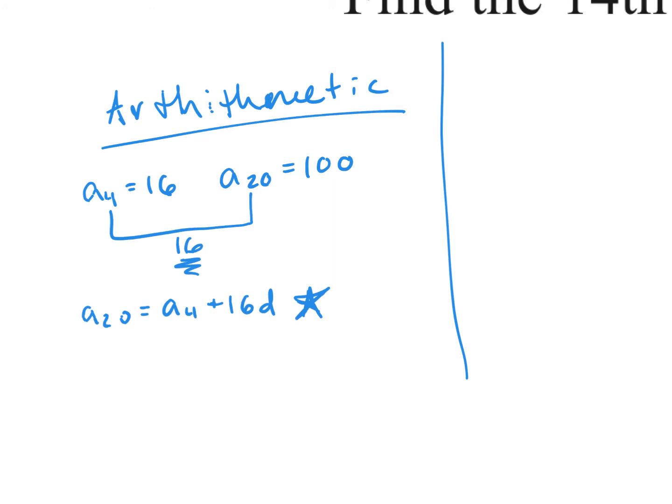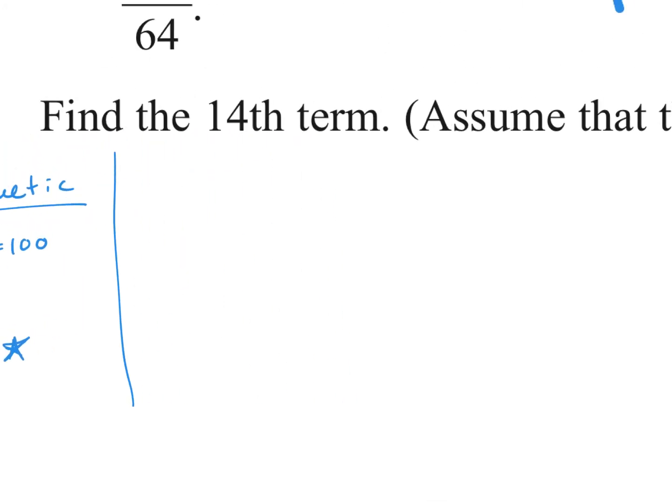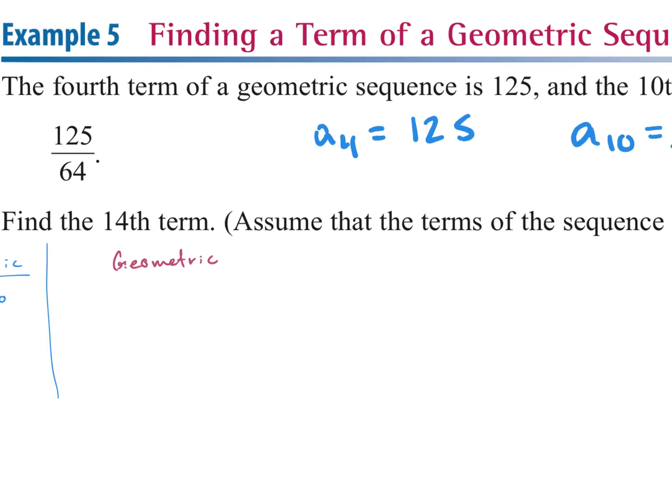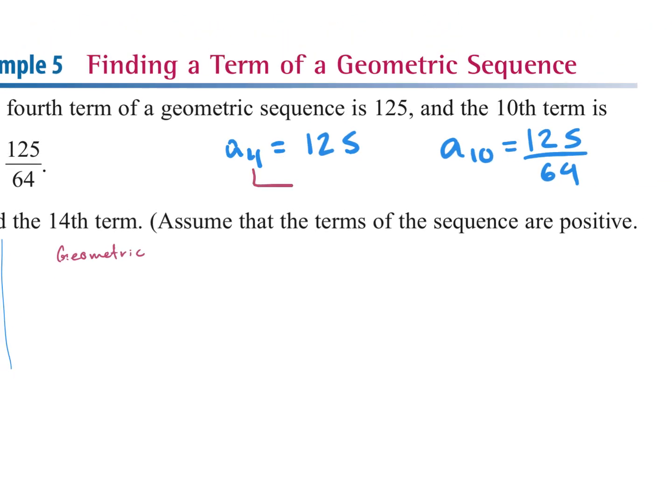So for geometric, how many steps are in between 4 and 10? 6. Just 10 minus 4. Which term is farther from 0? A10. So we start with our a sub 10.